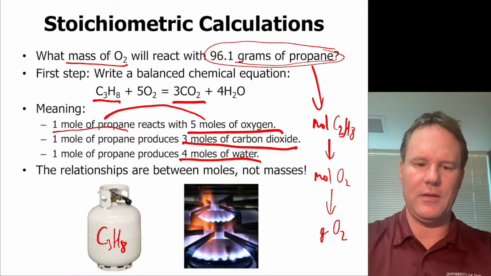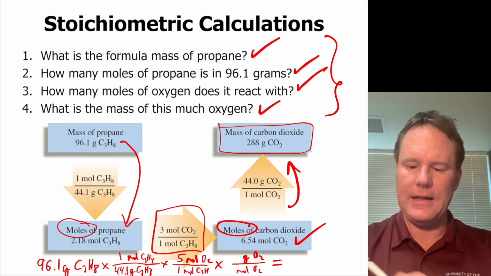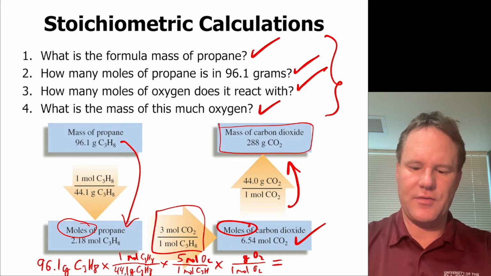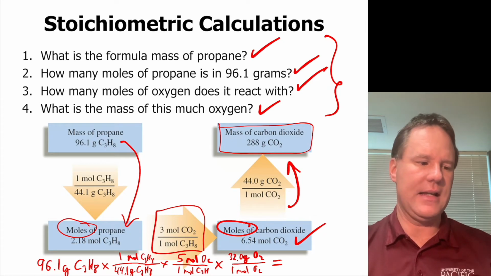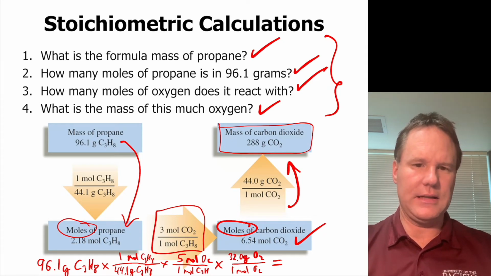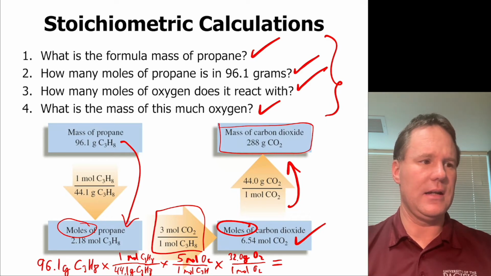That was from the chemical equation, right? This 5 here. And then I know that 1 mole of O2 molecule is roughly 32.0 grams of O2. And if I multiply this all together, and that's the beauty of it, that you don't have to stop after each step, you just use this as one long snake of a calculation, and then what you get in the end is that right?